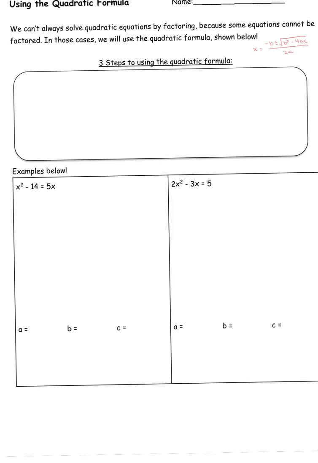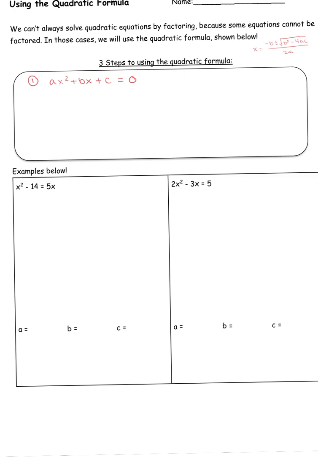All right, so now let's look at the steps for solving quadratics using the quadratic formula. First, we want to make sure that it is in standard form. And basically what we mean by standard form is ax squared plus bx plus c equals 0. In the previous video, I did discuss that sometimes they will be in standard form, sometimes they will not be.